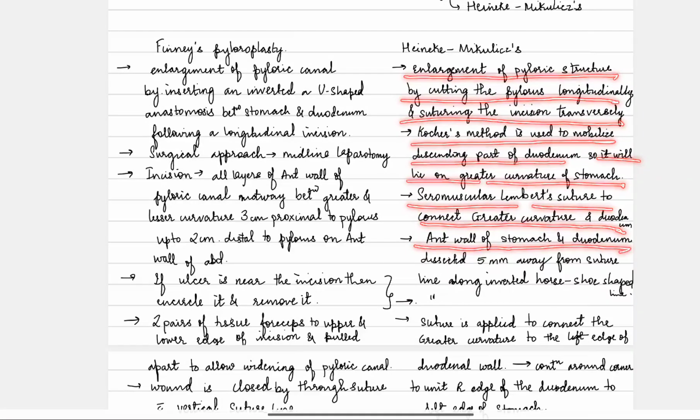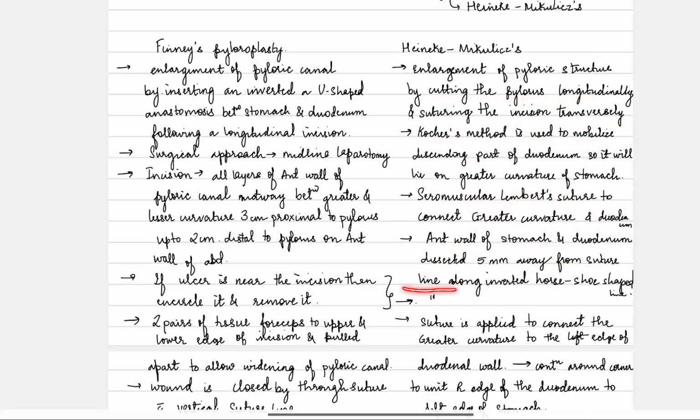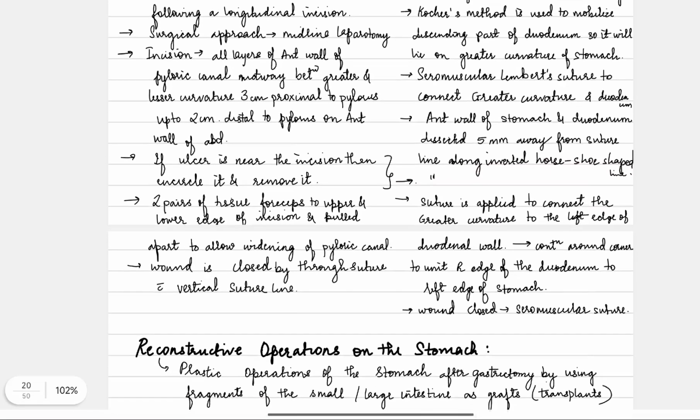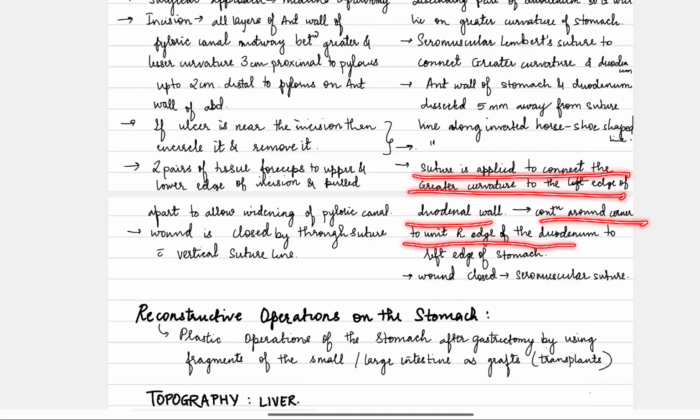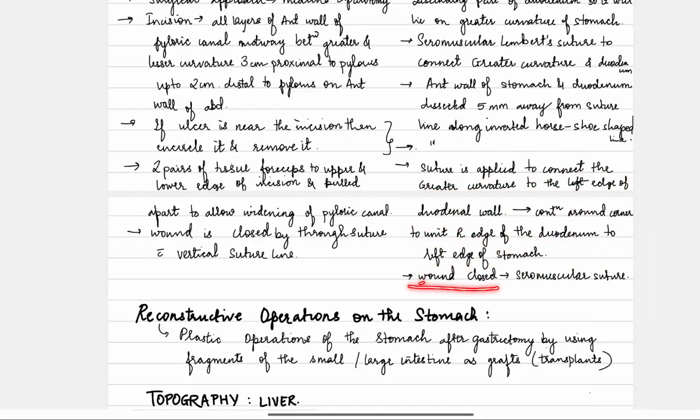Anterior wall of the stomach and duodenum is dissected 5 cm away from the suture line along the inverted horseshoe shaped line. Then if ulcer is near the incision, encircle it and remove it. Suture is applied to connect the greater curvature to the left edge of the duodenal wall. Continue around the corner to unite right edge of the duodenum to left edge of the stomach. Wound is closed by seromuscular suture.